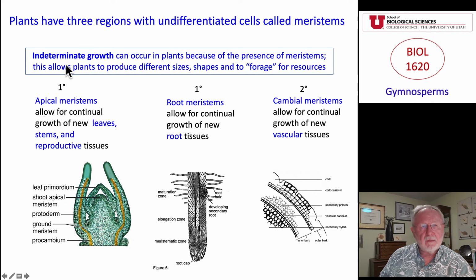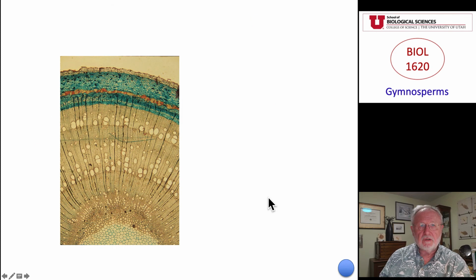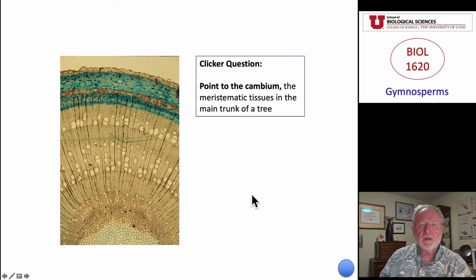So unlike animal systems, plant systems are able to develop new shoots, new roots, and new vascular tissue because of these undifferentiated tissue regions. If this was a clicker question, I would ask you to point to the cambium. Here is the xylem, here's the phloem, here is the cambial region.